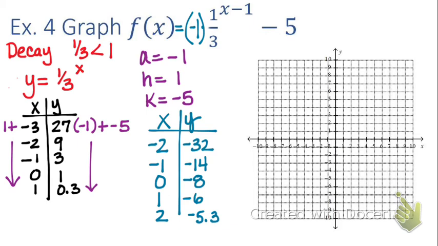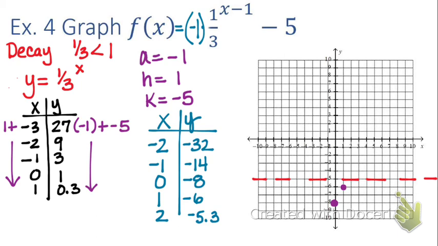All right, so let's draw in our horizontal asymptote. Our horizontal asymptote is at -5. Okay, so let's graph what we can fit. I can really only fit these last three because my graph stops at -10, but if you're drawing your own graph, you could probably fit more on there. So we have 0, -8, and then I have 1, -6.